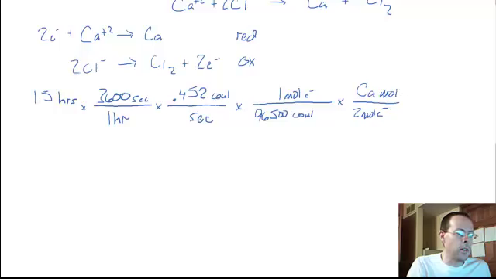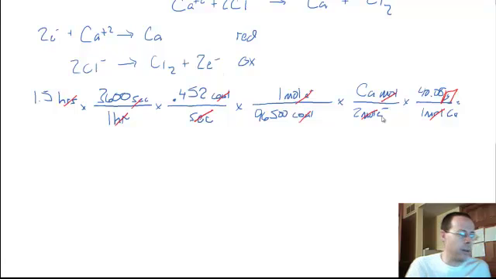And then lastly, 1 mole of calcium clocks in at 40.08 grams. So notice things that cancel, our hours are going to be gone, our seconds are going to cancel out, our coulombs are going to cancel out, our moles of electrons are going to cancel out, our moles are going to cancel out, and we're going to be left with grams, which is what the problem's asking us for.